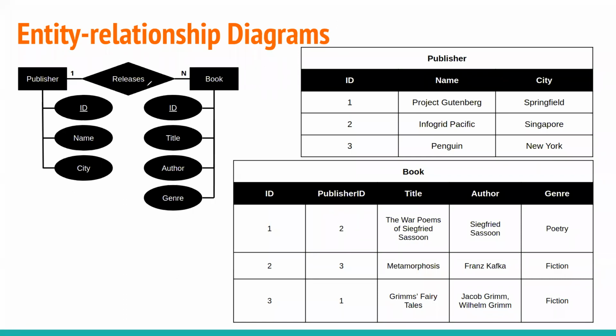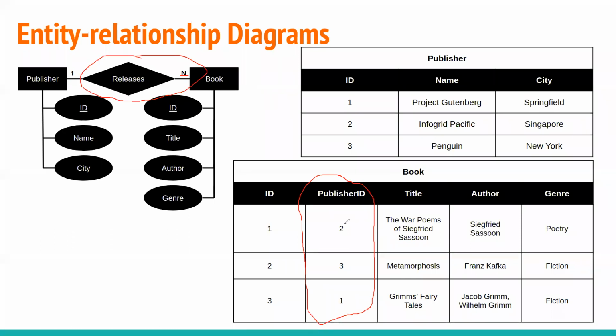It's because of this relationship. Book is on the N side of the relationship, which means we need this extra column called publisher ID. All this column does is it tells you the ID number of the publisher that published that book.